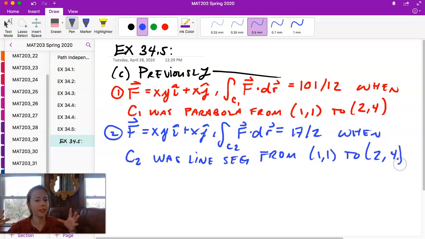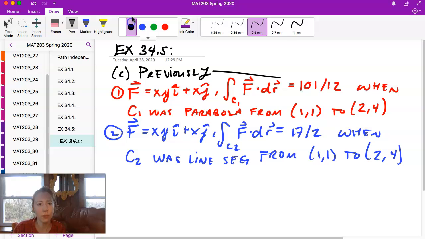So even though they have the same starting point and the same ending point for the same vector field, we know that this is not a path-independent vector field. It's not a gradient field. So this is a path-dependent field, which we're going to get into a little deeper in the upcoming lectures.